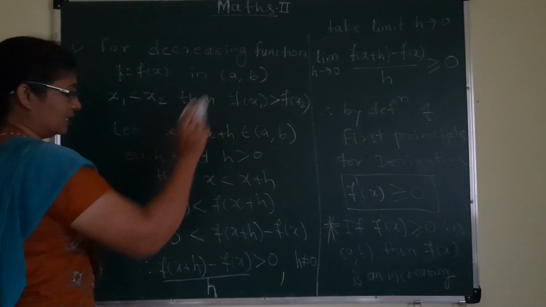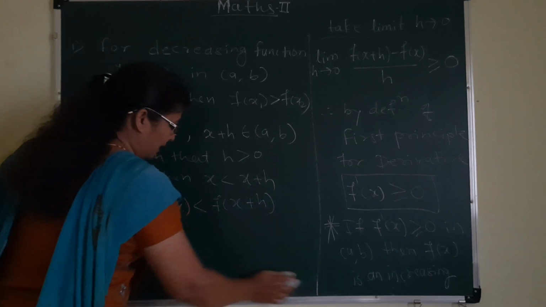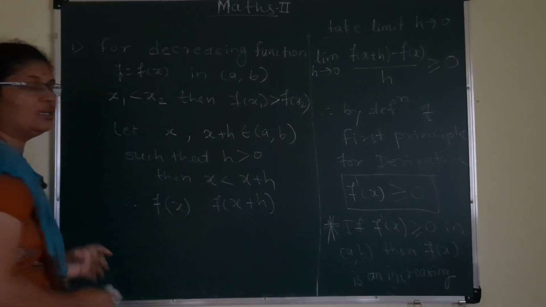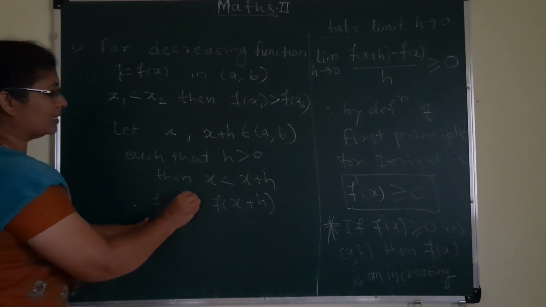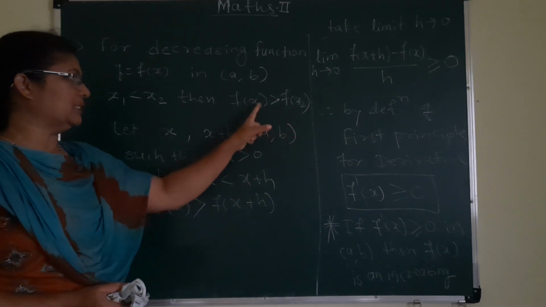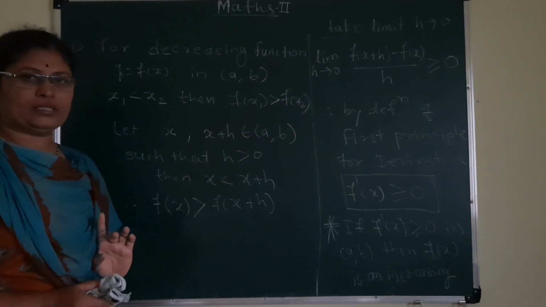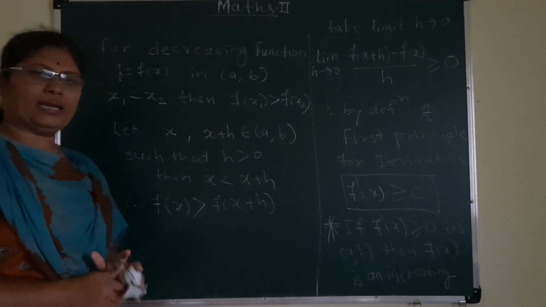But now using this definition, the inequality will reverse. So f of x is greater than f of x plus h. Because x1 is replaced by x, x2 is replaced by x plus h, and the process is the same ahead.